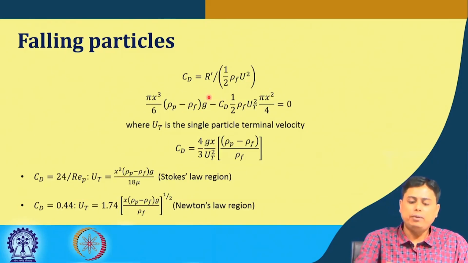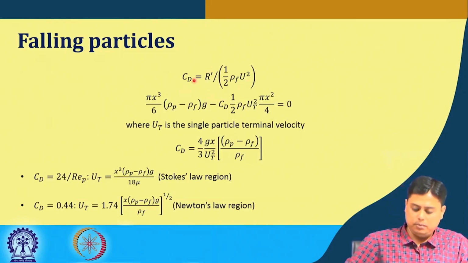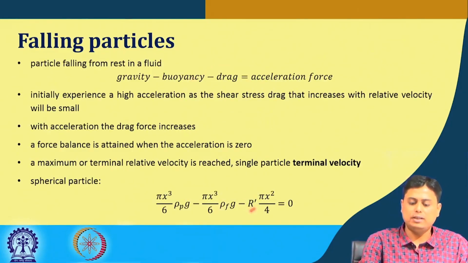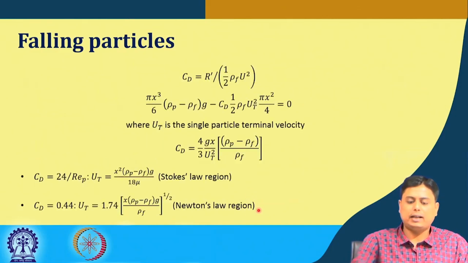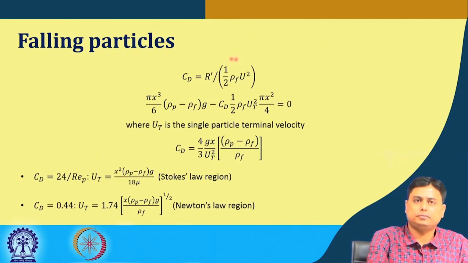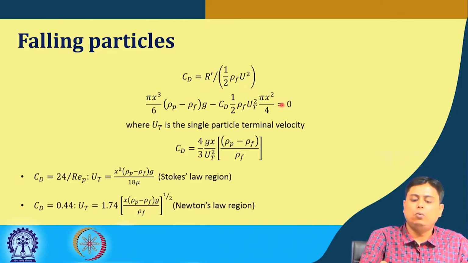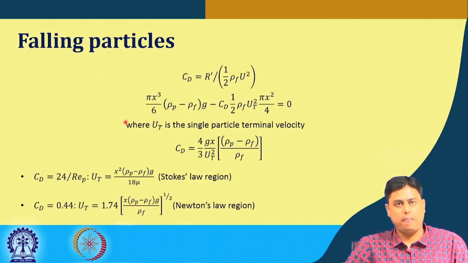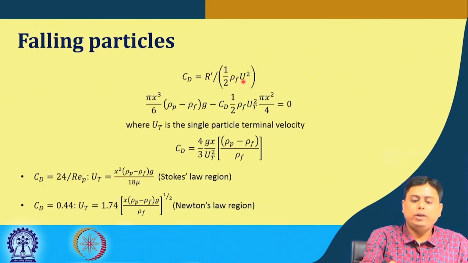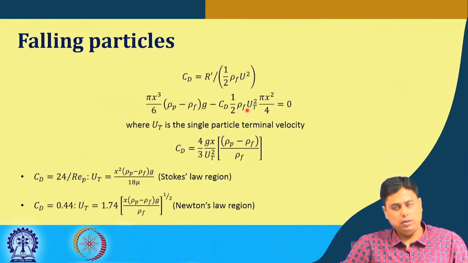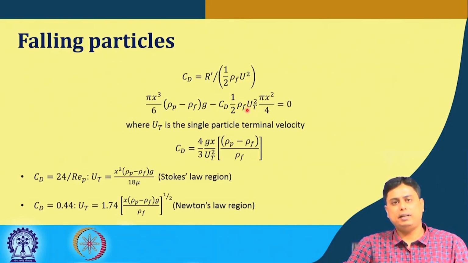If we now replace this R prime in this expression with the CD, we have this whole equation. Now we term this u as ut, because this is the single particle terminal velocity when the acceleration is 0, and this is the maximum velocity with which the particle will settle.